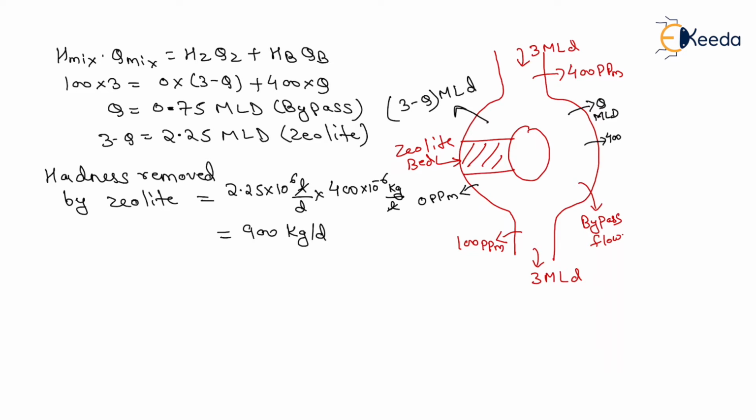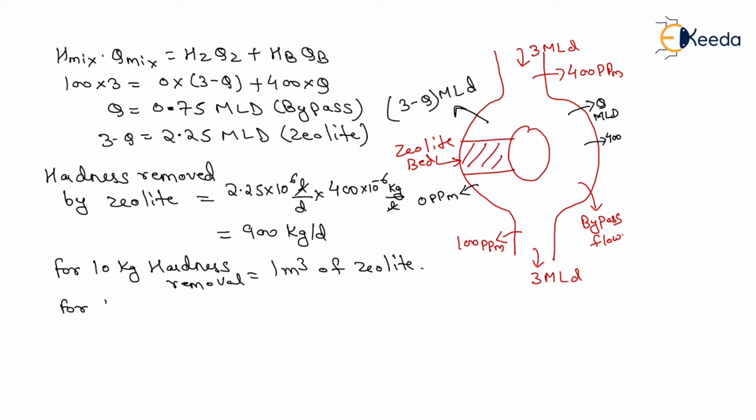Now in the question it is given that for 10 kg hardness removal, 1 meter cube of zeolite will be required. Now we want to remove 900 kg of hardness.